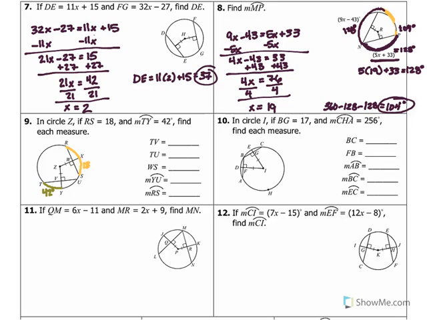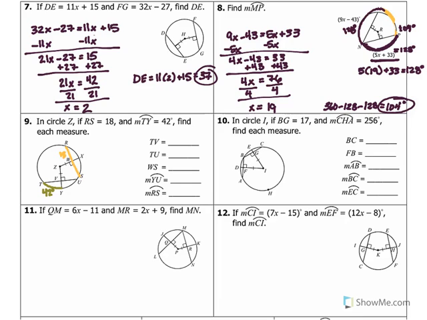It says to find all the rest of these. So we want to find TB next. Whoops, I actually labeled the wrong thing for RS. It is not arc RS, it is chord RS. Sorry guys. That makes a little more sense.